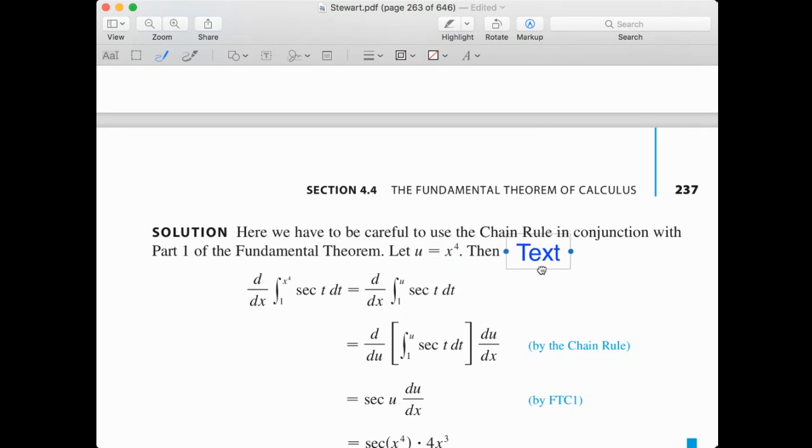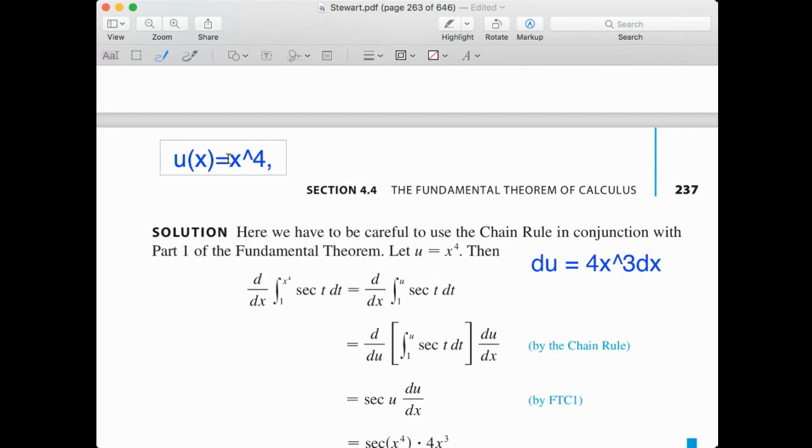So with the substitution, we want to find du. So what's du? du is 4x cubed dx. Remember we call this a differential, the differential of u. Or if this is confusing, think this way: we make a temporary function, u of x equals x to the 4th.